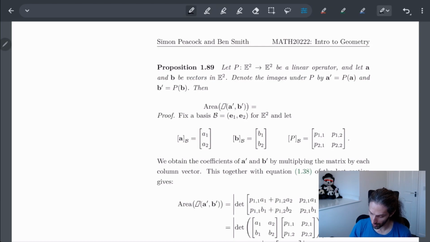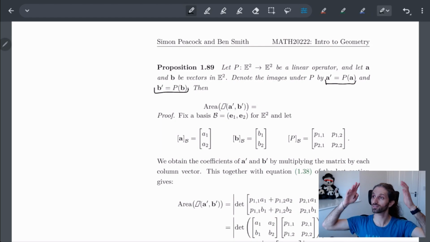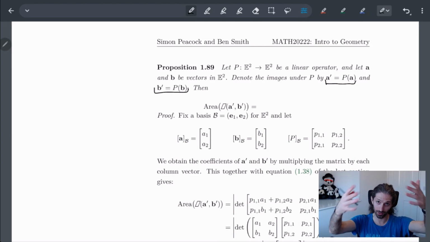If we let P be a linear operator, A and B be two vectors, and we denote A prime to be P of A and B prime to be P of B, then if I do a linear operator transformation on these two vectors, what's the new area? This is the question we're asking.